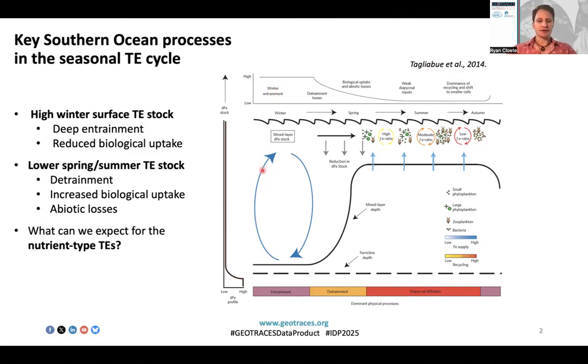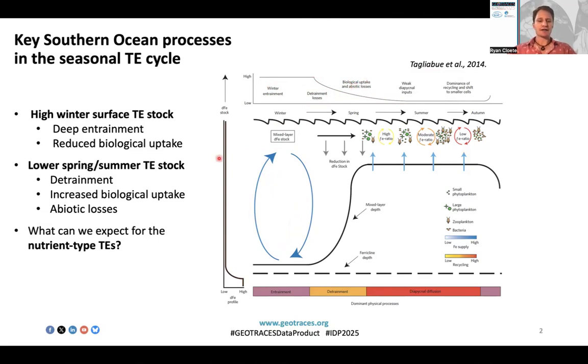It's driven by deep winter mixed layers, which are sustained by strong seasonal storms and turbulence. But as we progress through to spring and eventually summer, we have losses from detrainment and also increased biological uptake and abiotic scavenging processes.